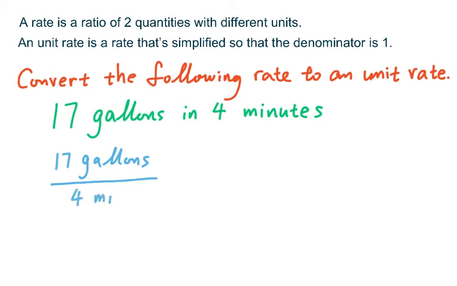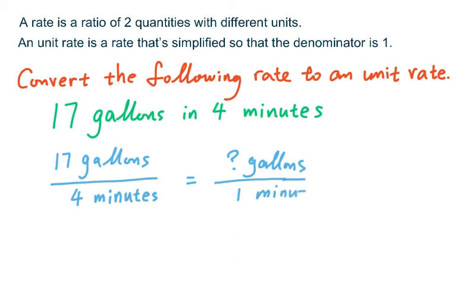So you basically write this as a ratio that compares these two quantities. And our goal is to, at the end, have some amount of gallons over 1 minute, because a unit rate must have a denominator of 1.